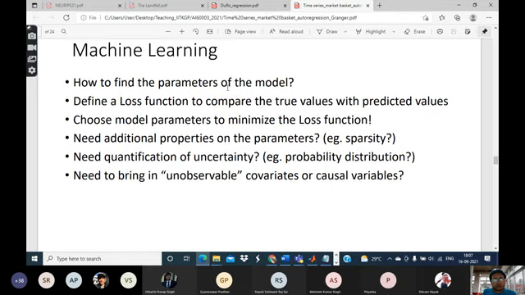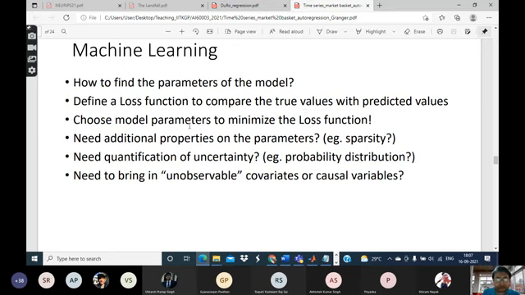In the coming lecture, we will see how machine learning may be used to estimate the various parameters of the model. The general idea is that first of all, you define a loss function to compare the true values with the predicted values.